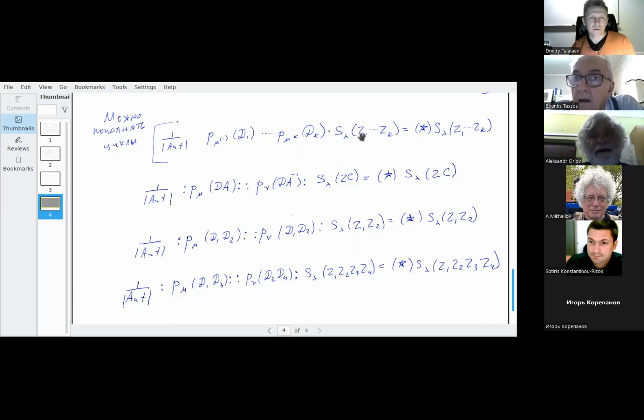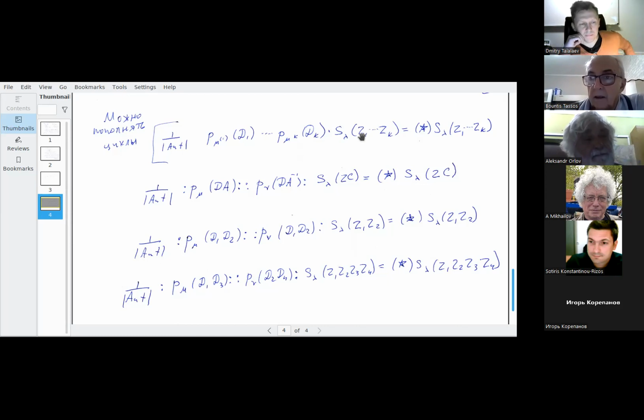Very roughly, it is better to explain with the Korteweg-de Vries equation. Korteweg-de Vries has many conservation laws, which we may consider as Hamiltonians, and we have commuting Hamiltonian flows, and the times of these flows are called higher Korteweg-de Vries times. We have the same picture here.